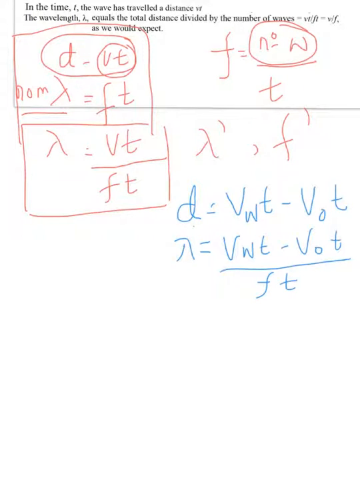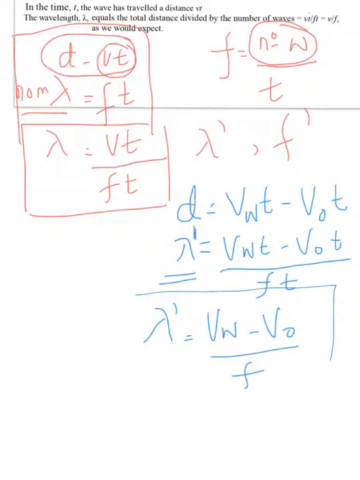Note that this wavelength has a dash here, because this is the Doppler shifted wavelength, the new wavelength, also referred to as the received wavelength. Let's simplify this further. Now we have the difference in velocities over f. So that's our term for wavelength. But that's not what's given in the proof.